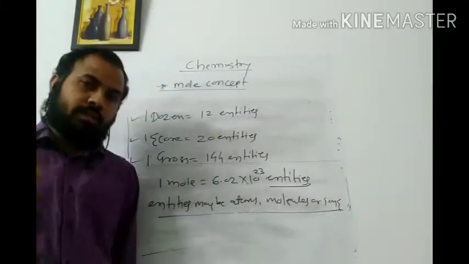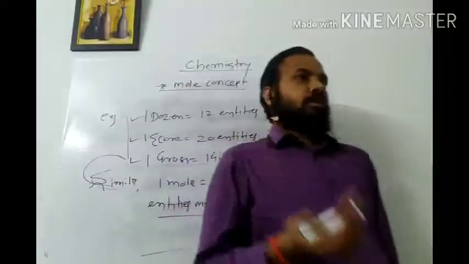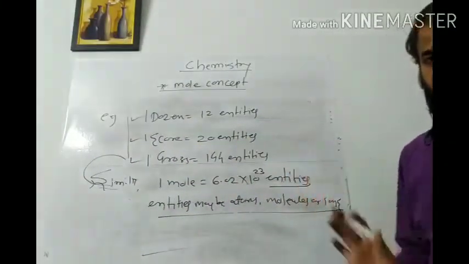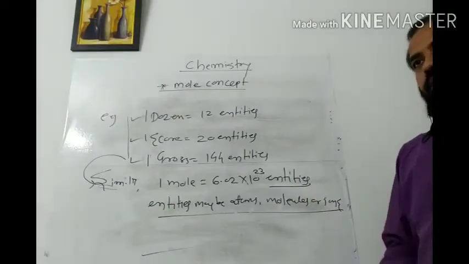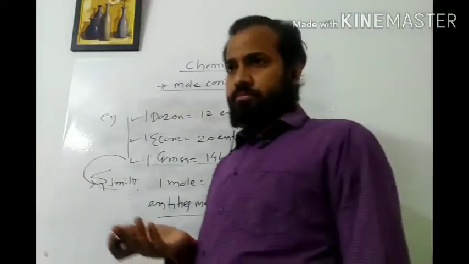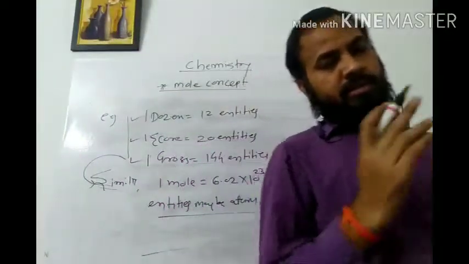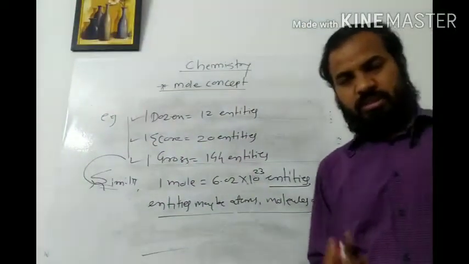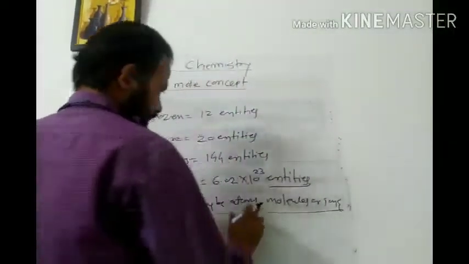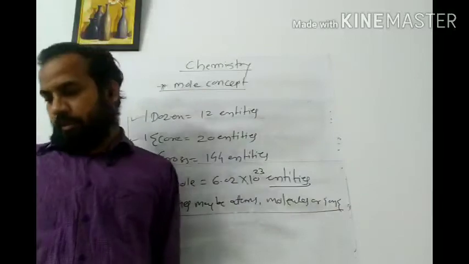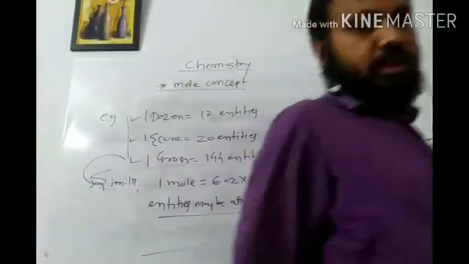Okay, whatever the particular compound or element or atom, it is available in that particular form. For example, let us say sodium. So sodium generally exists in the form of atoms. H2 is available in the form of molecules, isn't it? So in this way you can define the entities according to the respective example. Okay, so we will discuss this with the help of some examples.